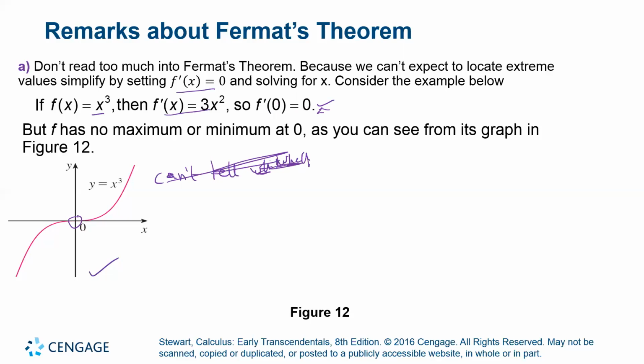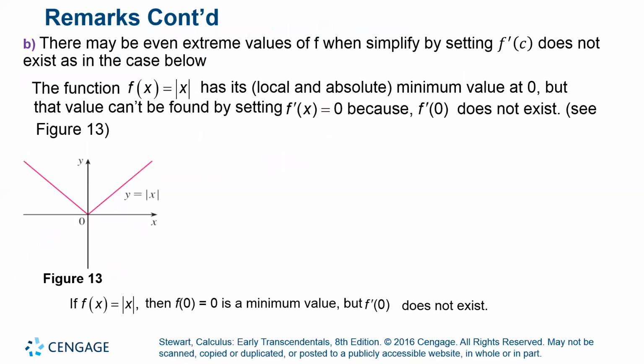Fermat's theorem. The second thing is that we consider this absolute value function, f of x is equal to the absolute value of x. So there may be even extreme values of f where f prime of x does not even exist.